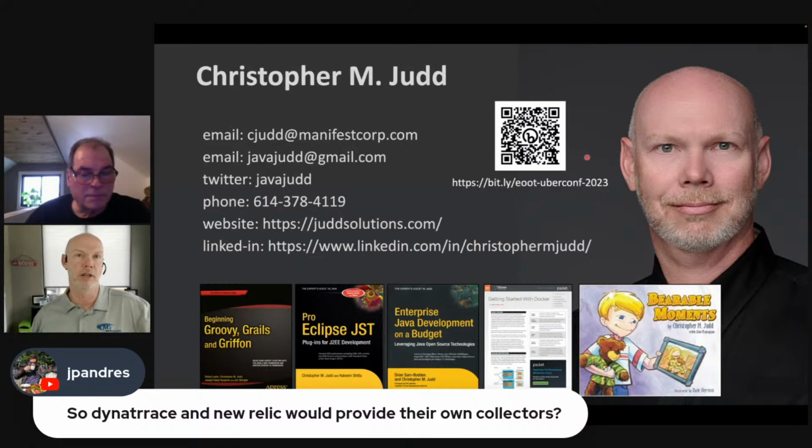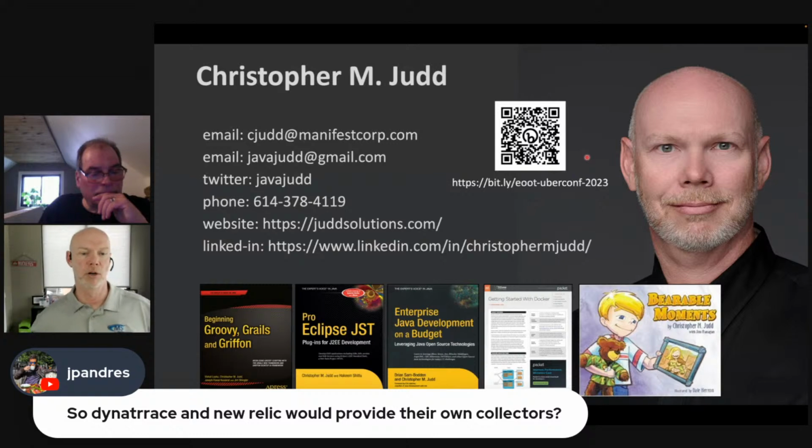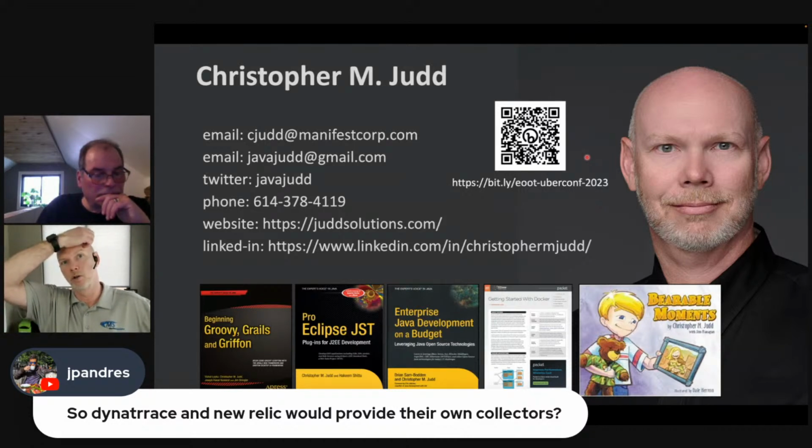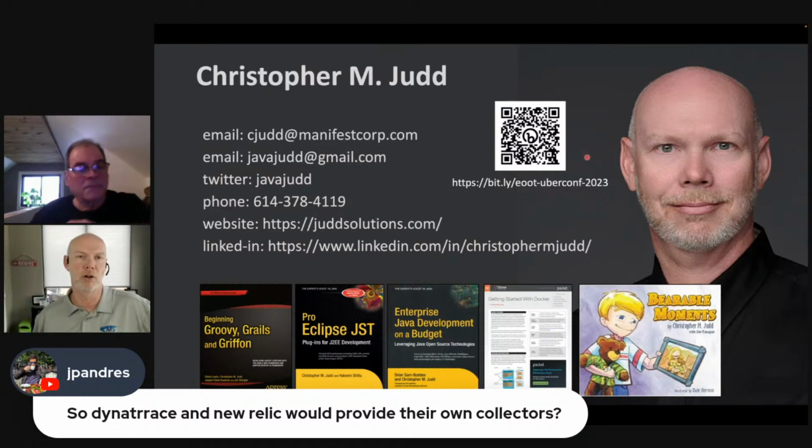That's entirely possible. Or they could be packaging up OpenTelemetry. Historically, they both had their own collectors, or the libraries would just send it to their backends. But more and more, I see them encouraging people to go to OpenTelemetry because they don't want to have to write their own instrumentation libraries. So as long as it can write to OTLP or one of the other protocols, you might want to consider not using theirs and using the OpenTelemetry one, or exploring whether theirs are actually OpenTelemetry, that they're just rebranding or giving you a particular configuration.